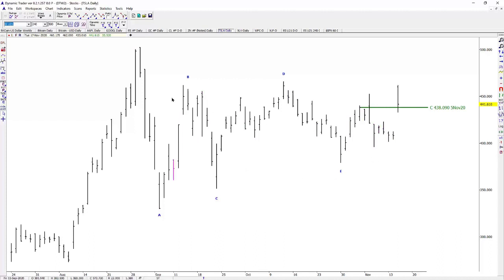So the longer a correction lasts, and the more complex it is, typically the more powerful the trend is coming out of that correction. Just think of this as a spring being wound up, no conviction on the bull or the bear side, and it's actually becoming tighter and tighter and tighter.